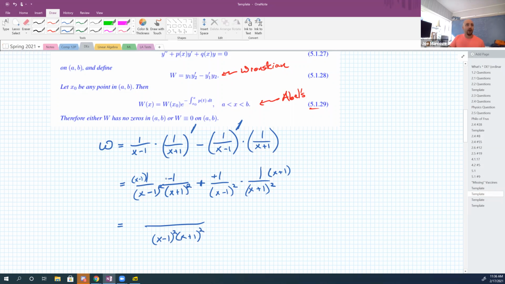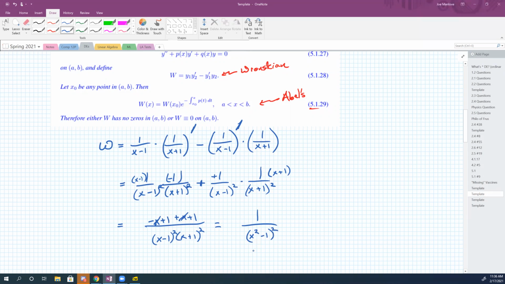And then on the top here, I've got negative x plus 1, and on the right-hand side I have an x plus 1. Okay, so the x's are going to drop out. And all told here, I have 1 over x squared minus 1 squared. And it'd be 2 over x plus? Yes, and it would be 2 because 1 plus 1 is still 2, despite all my years of effort to make it otherwise. All right.